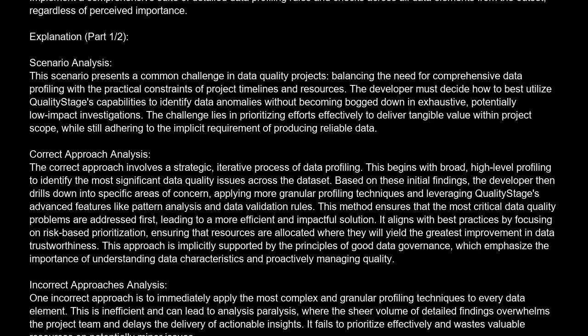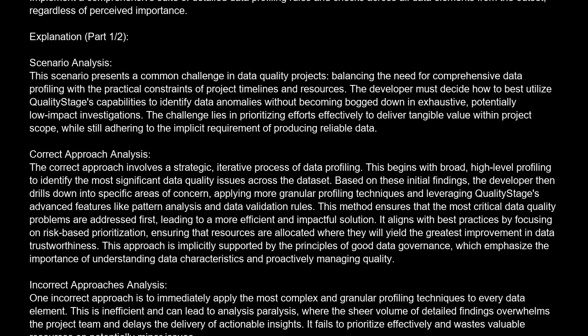Correct approach analysis. The correct approach involves a strategic, iterative process of data profiling. This begins with broad, high-level profiling to identify the most significant data quality issues across the dataset. Based on these initial findings, the developer then drills down into specific areas of concern, applying more granular profiling techniques and leveraging QualityStage's advanced features like pattern analysis and data validation rules.